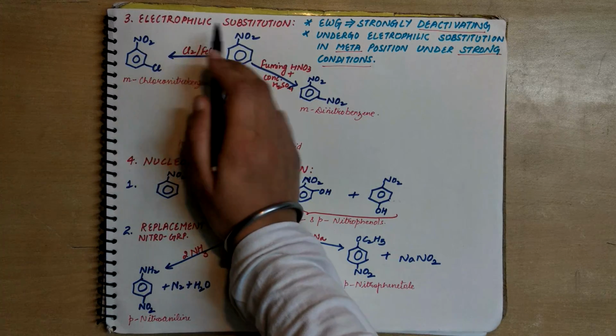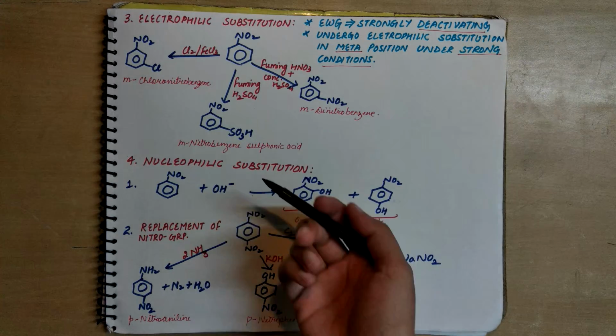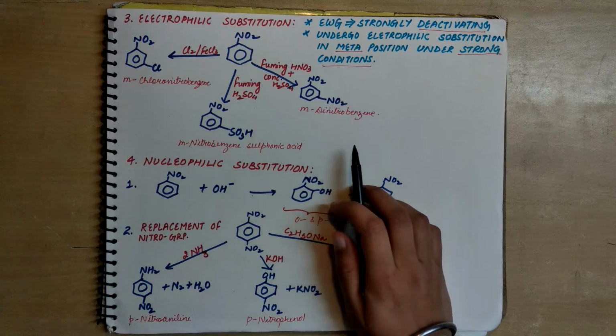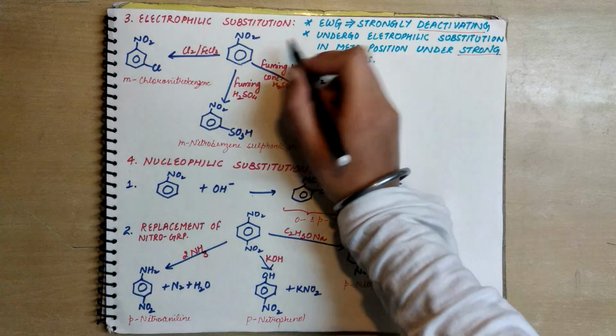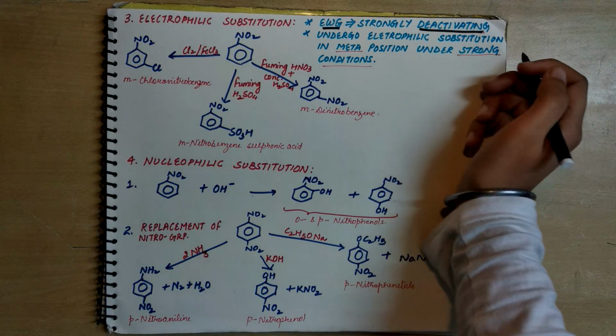The electrophilic substitution of nitro compounds, nitroarenes basically, is done using this method. Here we know that the nitro group is an electron withdrawing group, so it is a strongly deactivating group.